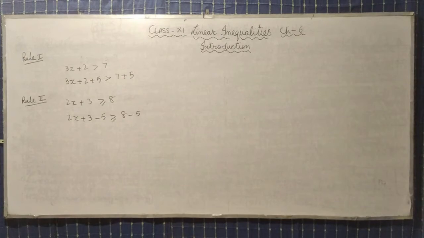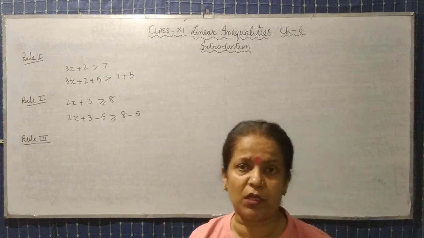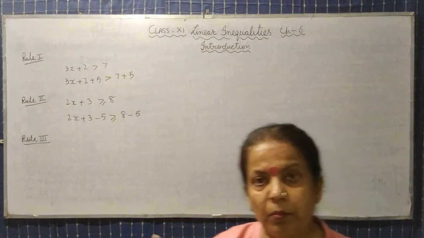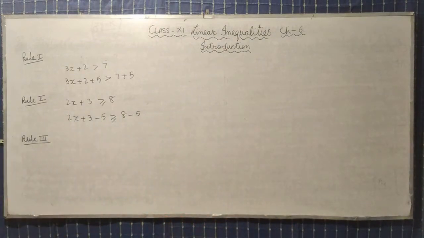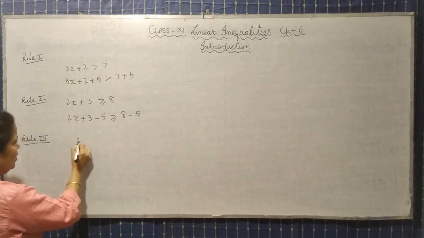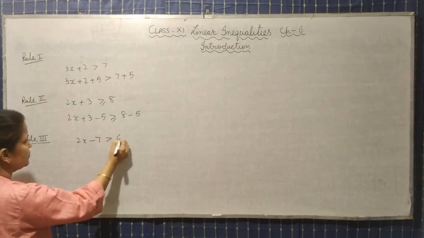Now, rule 3. Rule 3 is, if we multiply a linear inequality with a positive number on both sides, take this as an example.